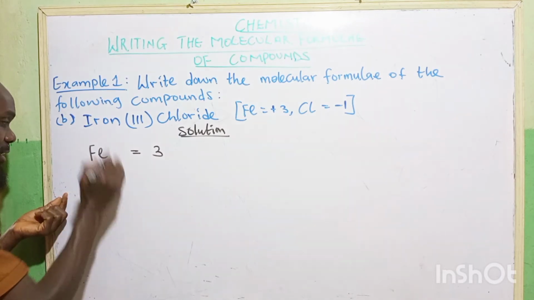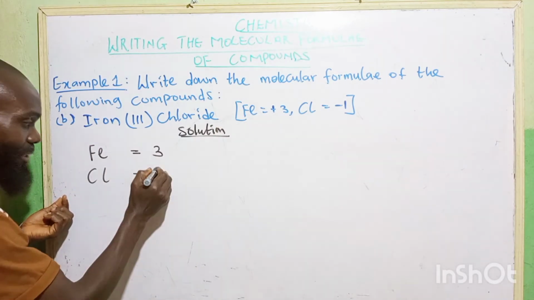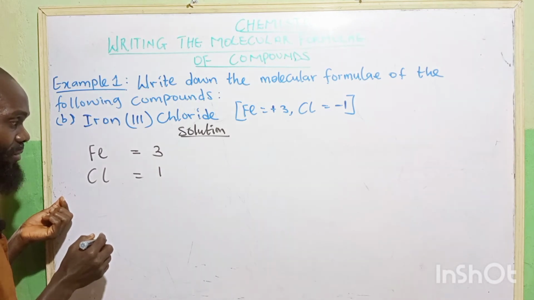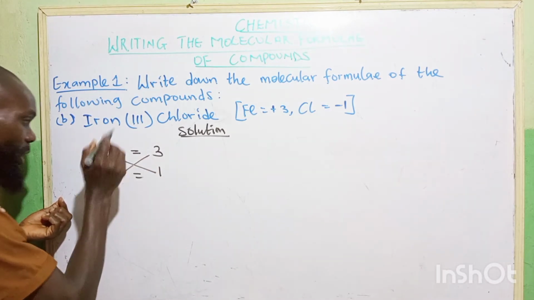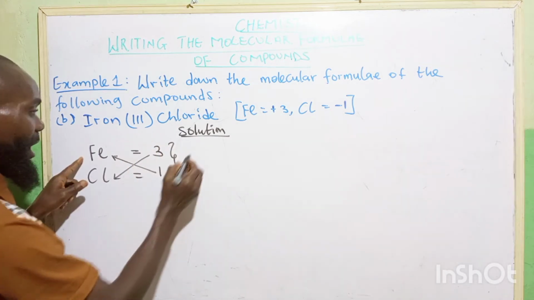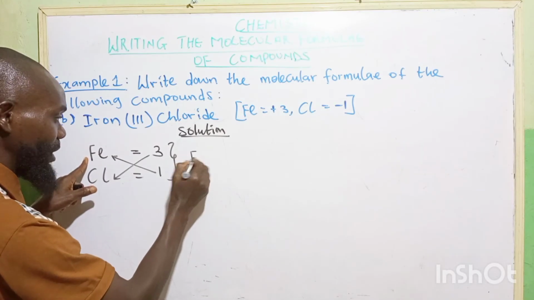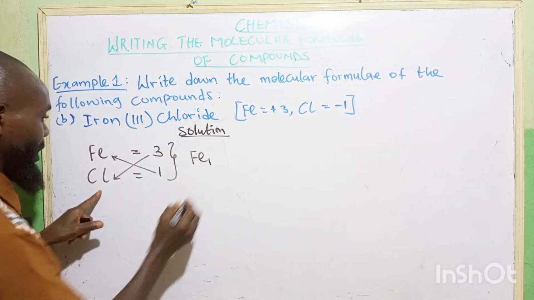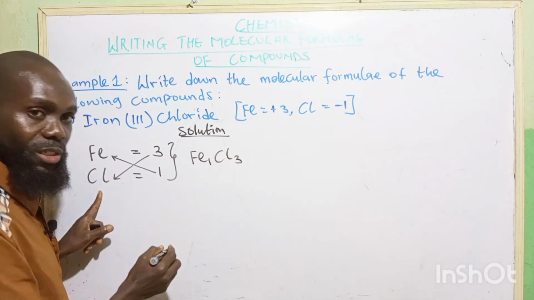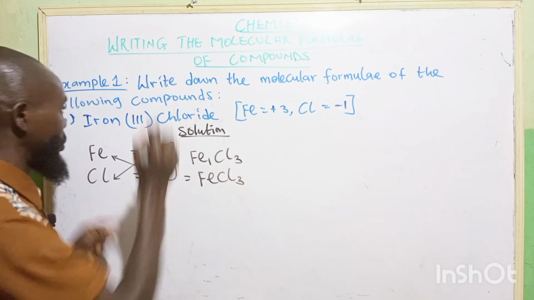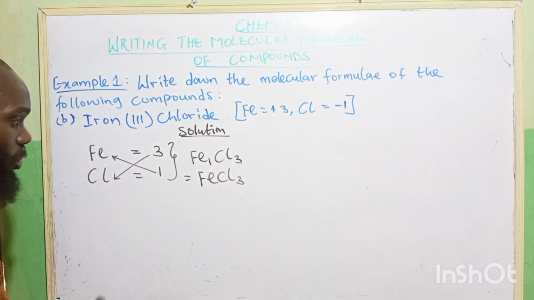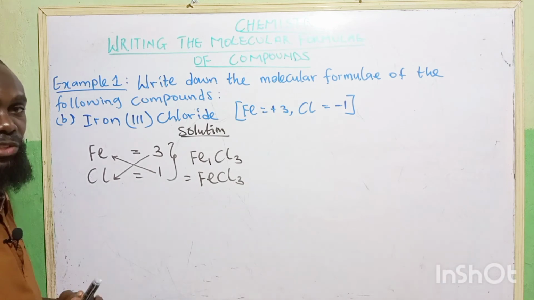Then chlorine, the charge on it is -1, we write 1, the positive charge of it. Then we cross multiply. So here we have the positive charge first, Fe, 1, Cl3. So our equation is FeCl3. So the chemical formula for iron 3 chloride is FeCl3.